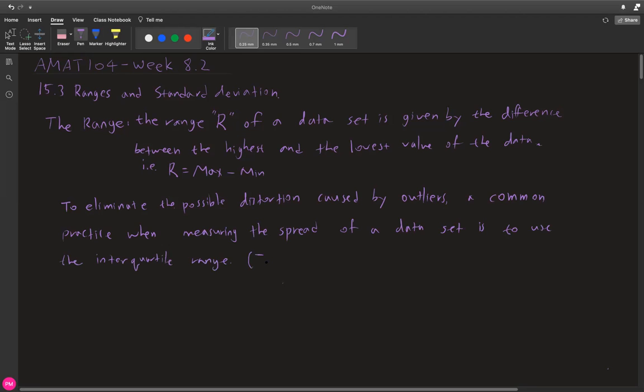In other words, IQR. So what is the interquartile range?